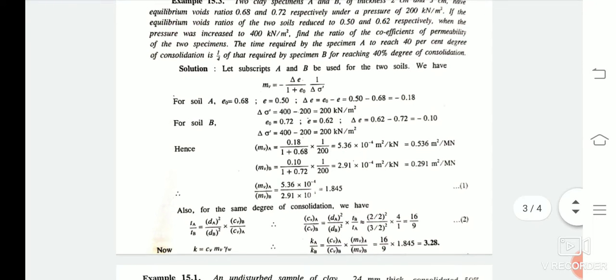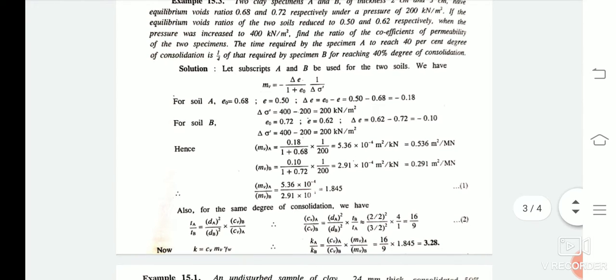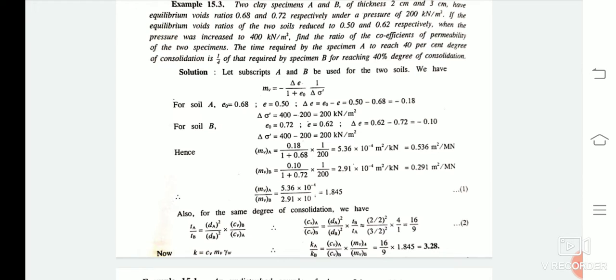Again for soil B, the initial void ratio is 0.72 and the final void ratio is 0.62. Hence the change in void ratio will be 0.10 and the change in pressure will be 400 minus 200, that is 200 kN per meter square.